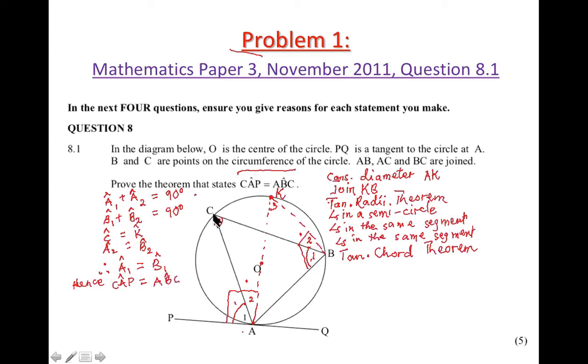CAP is angle A1 here, and angle ABC is angle B1 here. So that is the solution for the first one. Take time and have a look at it, and then we move on.